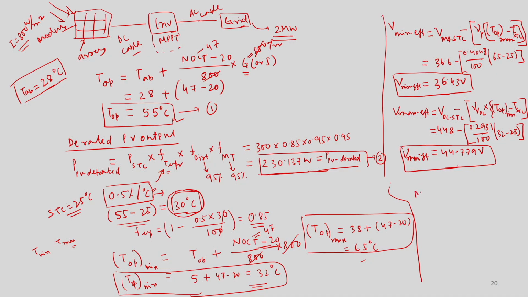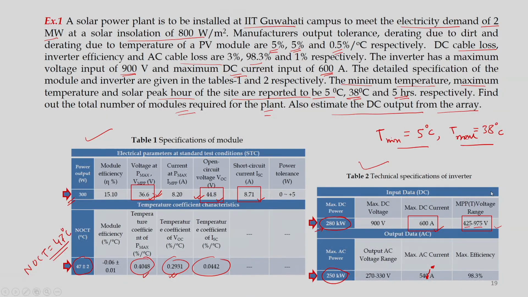So, this M string, that is minimum, which is nothing but V inverter DC minimum divided by V min effective. I have to go back to the specification part.